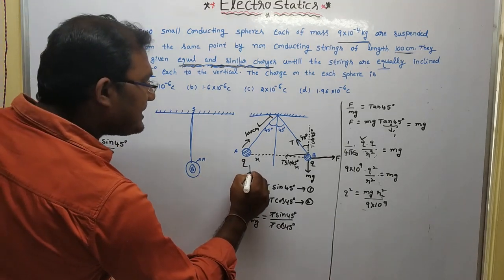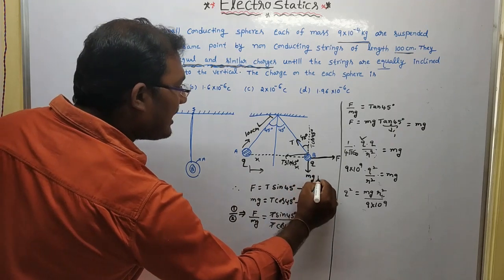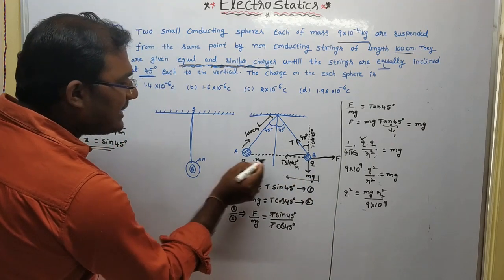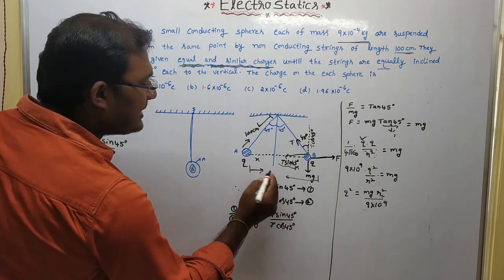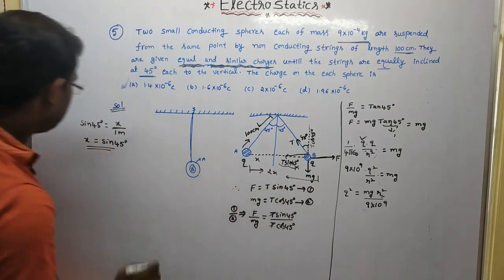The distance between A and B will be x plus x, that equal to 2x.